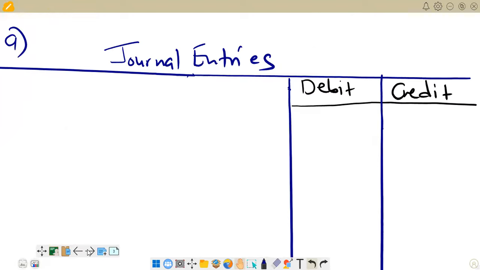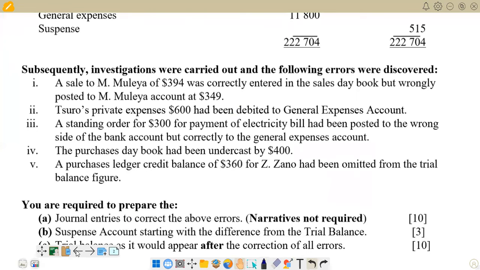This is going to be the layout of our journal entries, whereby we're going to have this one representing the debit side and this one the credit side. So every correction there, we are going to post on the debit and credit.